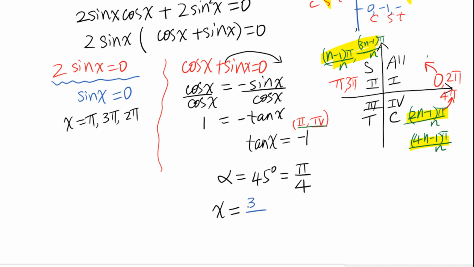So you have 3 pi over 4, 11 pi over 4, 7 pi over 4, and 15 pi over 4. Altogether, for this equation, we have 7 solutions.